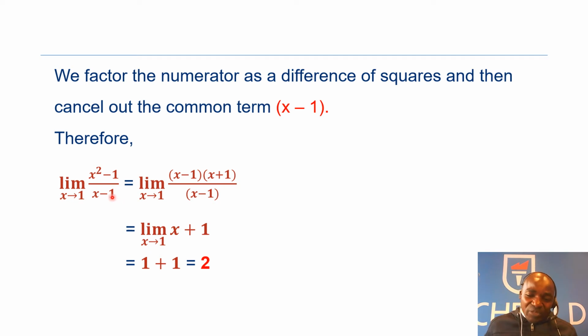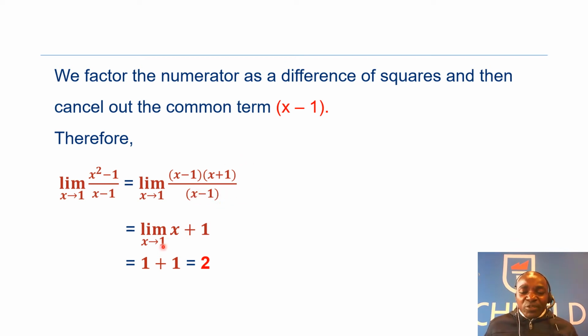The right way of finding the limit of this expression, since direct substitution gives a denominator of 0, is to factorize our numerator and then factorize our denominator. If we factorize our numerator, we get factors of x minus 1 and x plus 1. The numerator and denominator have a common factor, x minus 1, so we can cancel x minus 1 on the numerator with the x minus 1 on the denominator.